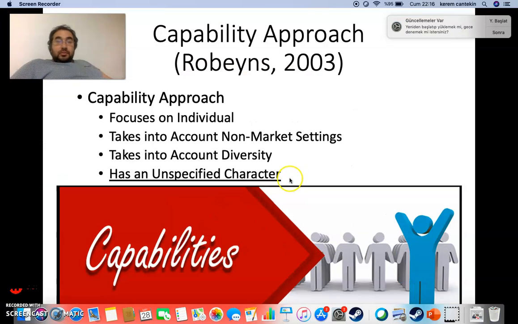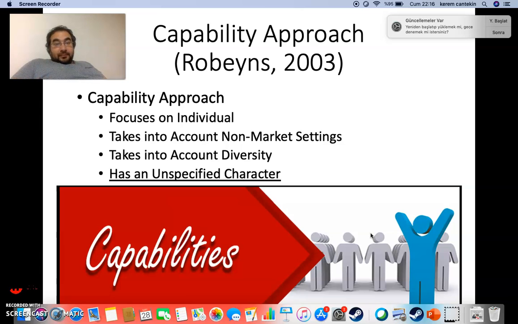Let's continue on the Robbins article on the capability approach. Robbins continues by mentioning specific advantages of the capability approach.